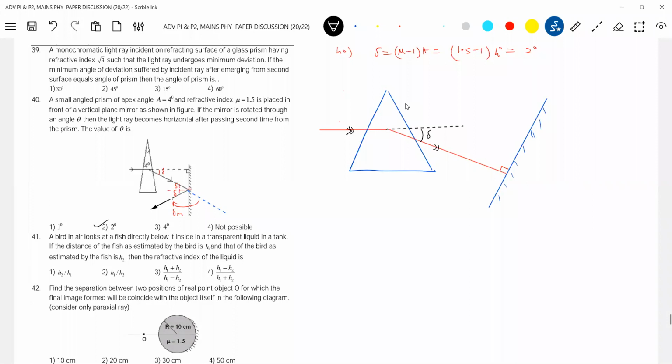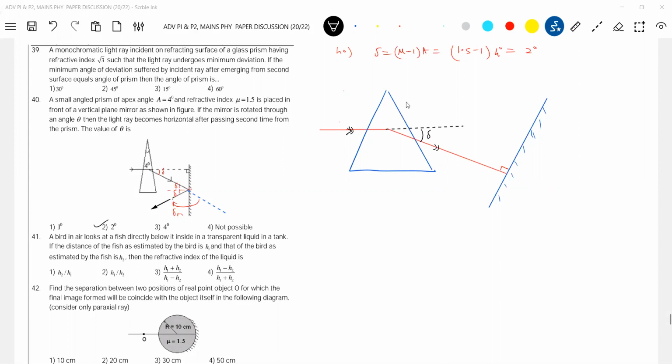What is the option given? 1 degree. Sir, if the mirror is rotated by 1 degree, the ray will rotate by 2 degrees. But we want the reflected ray to rotate by 4 degrees. It should be incident normally and retrace the path, no?